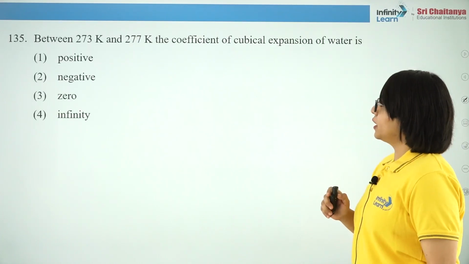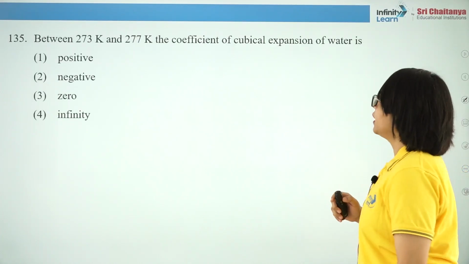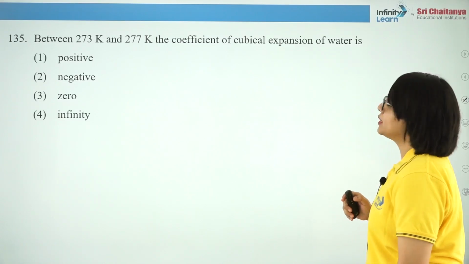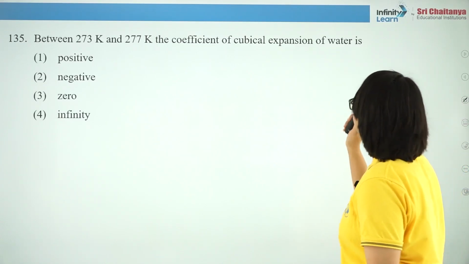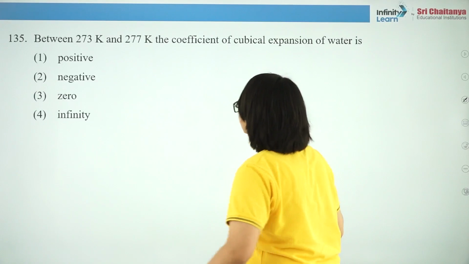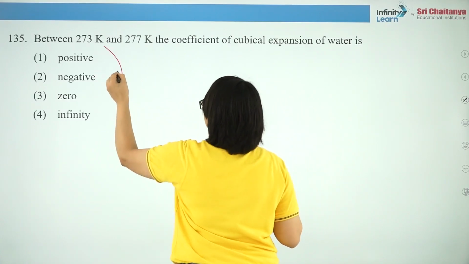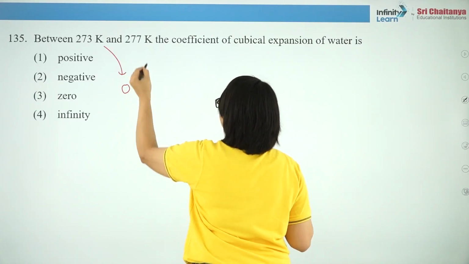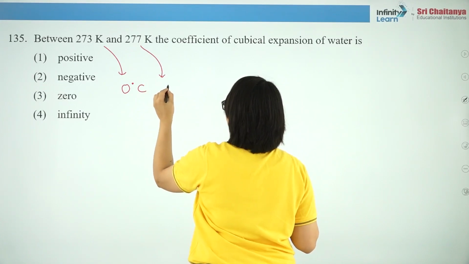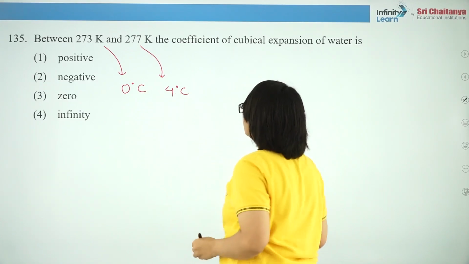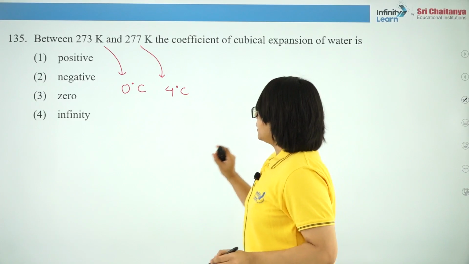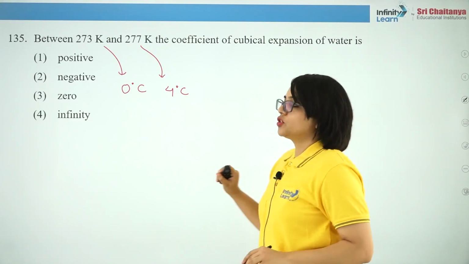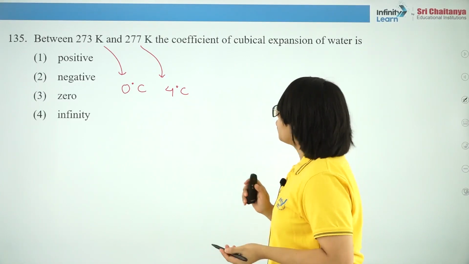Next is 135. Between 273 Kelvin and 277 Kelvin, the coefficient of cubical expansion of water is. So, 273 Kelvin is equivalent to 0 degrees Celsius and 277 Kelvin is equivalent to 4 degrees Celsius. In this case, the coefficient of cubical expansion of water will be negative. Why?